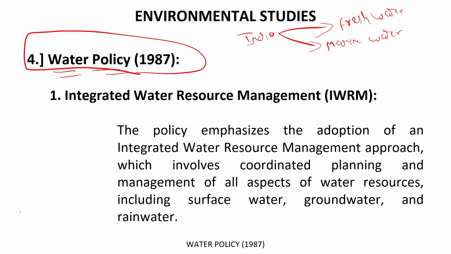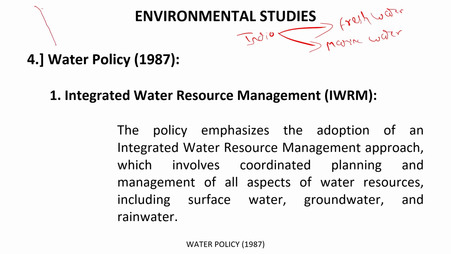If we look at marine water resources first, and this is the southern part of India, then it has two water bodies. First is the Bay of Bengal, second is the Arabian Sea.